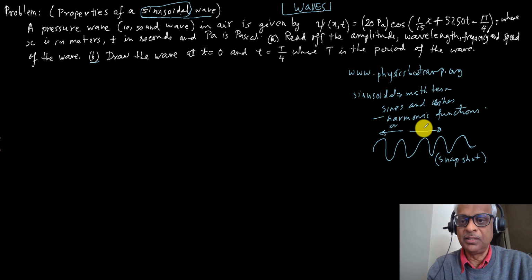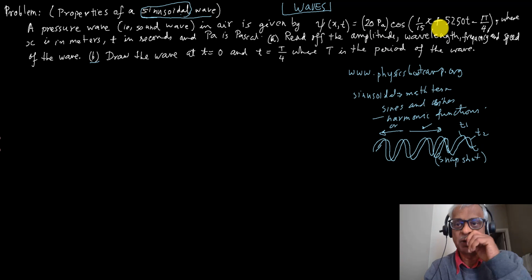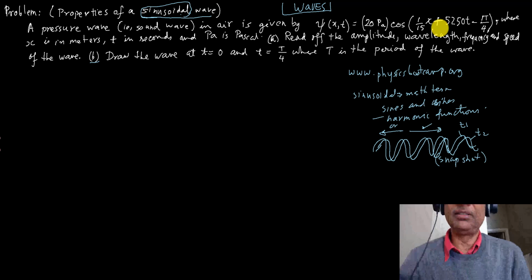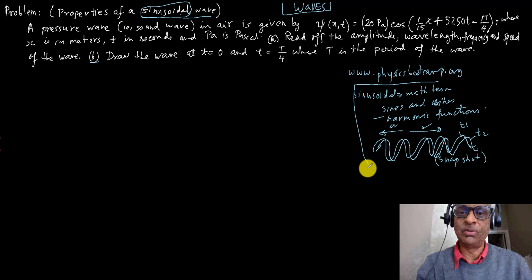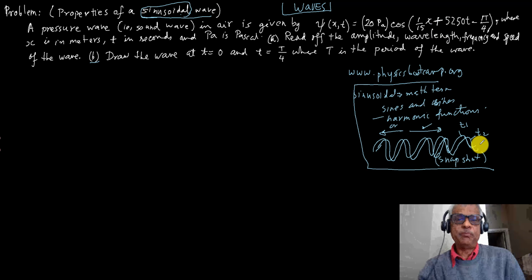At the next instant, if it's moving that way, it keeps its shape and appears over there. So this is at some time t1 and some time t2. We'll see what our wave looks like here, but this is the general idea. You may be familiar with this.